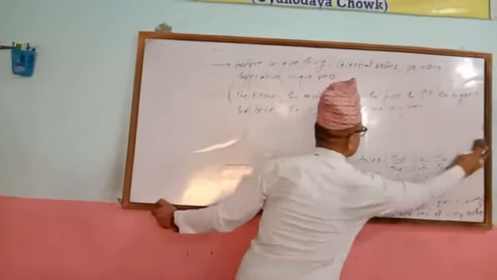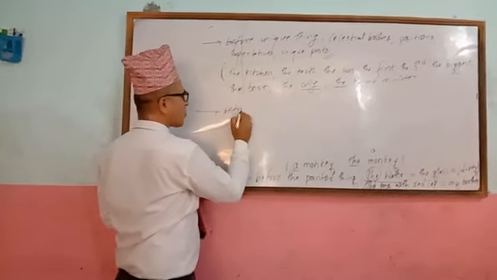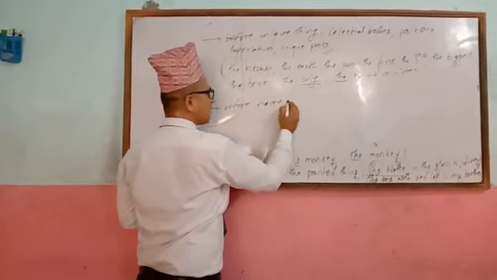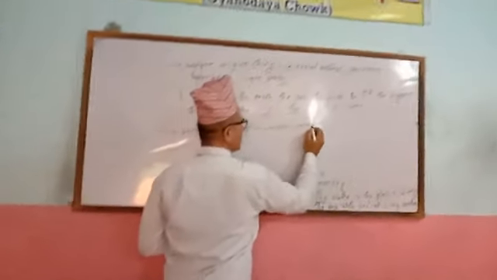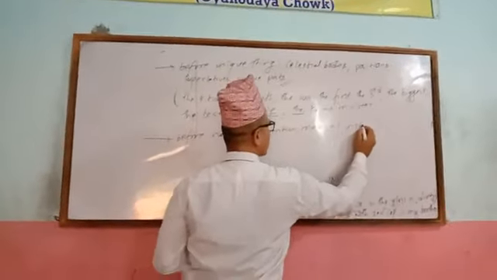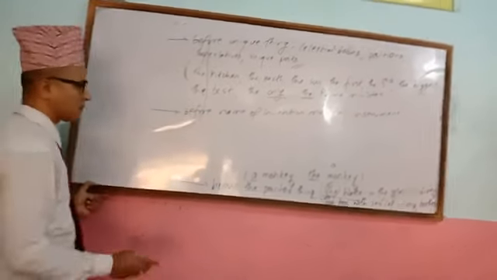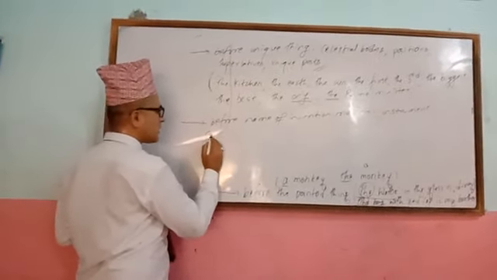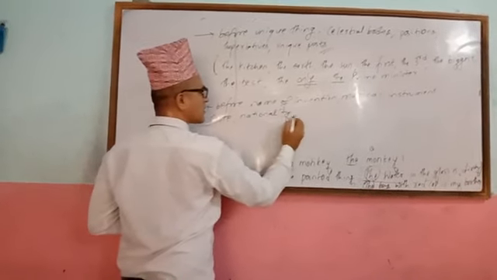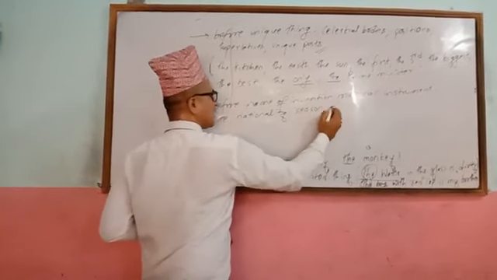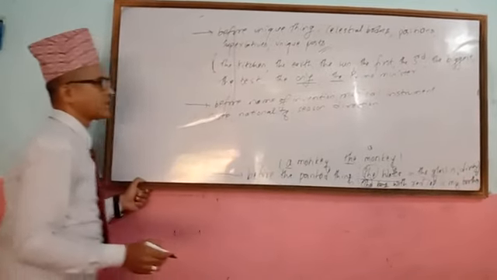So now, before the name of an invention, musical instrument, right? In case of a musical instrument, caste, nationality, season, direction, we write the article.